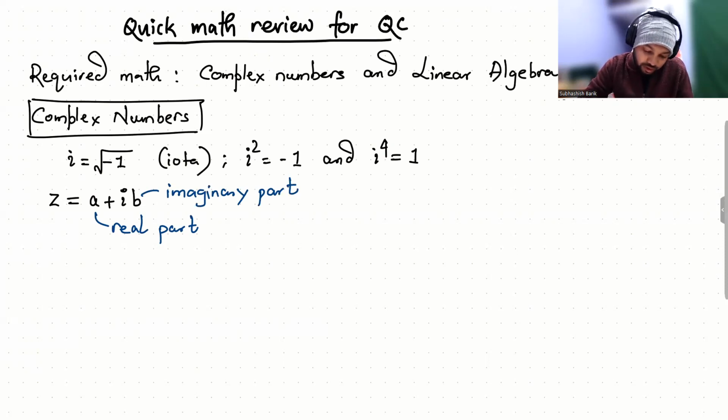That means a and b are essentially real numbers, and I write it in the following way: a and b belong to this symbol, which denotes belonging to the set of real numbers. So this is just another way of saying a and b are real numbers.